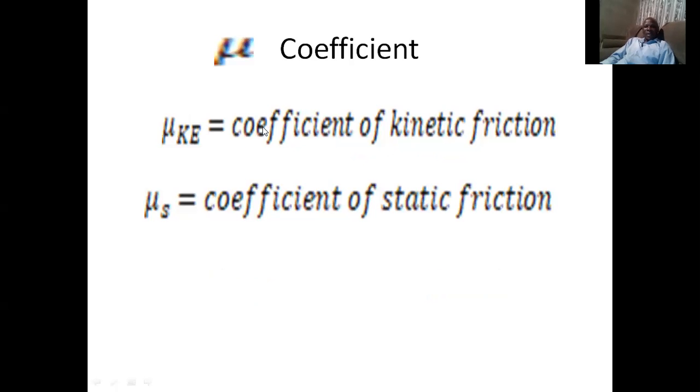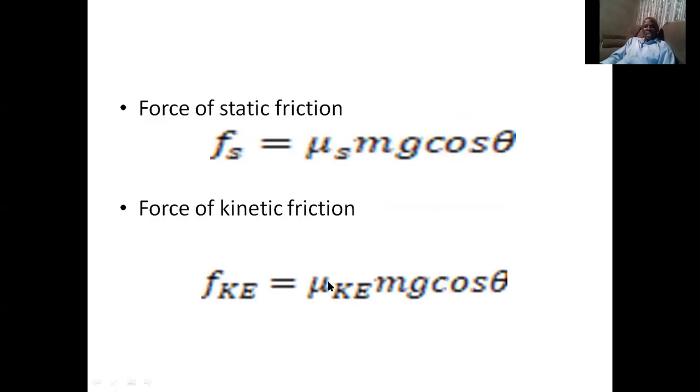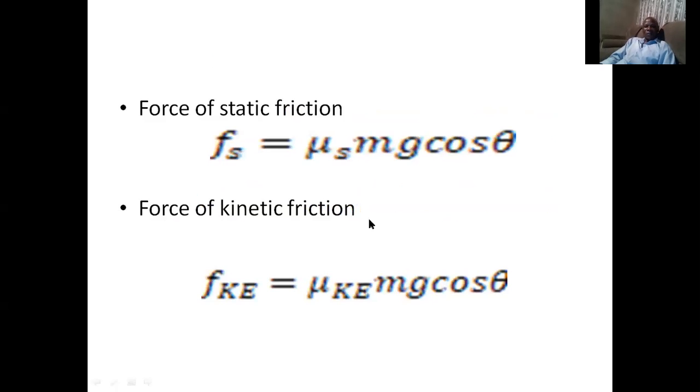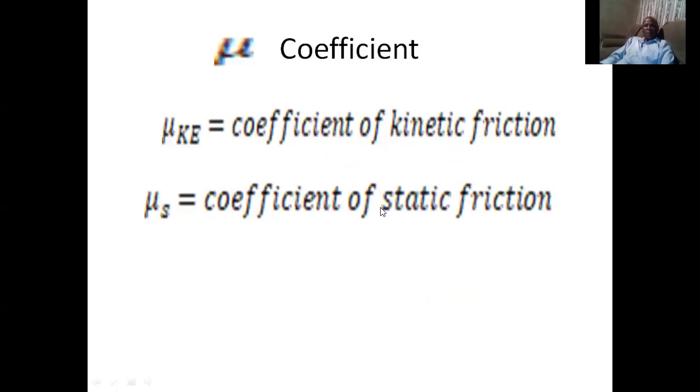As I indicated here, mu k is the coefficient of kinetic friction, and it only applies to objects which are in motion. While mu s, the coefficient of static friction, is the coefficient for objects which are static, not moving at all.